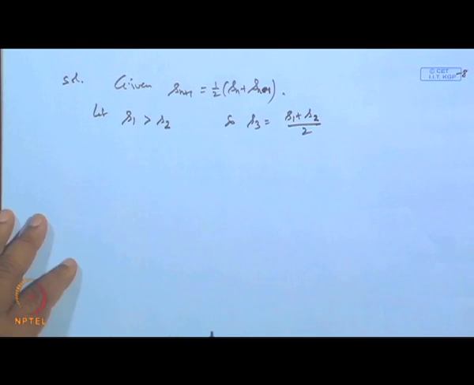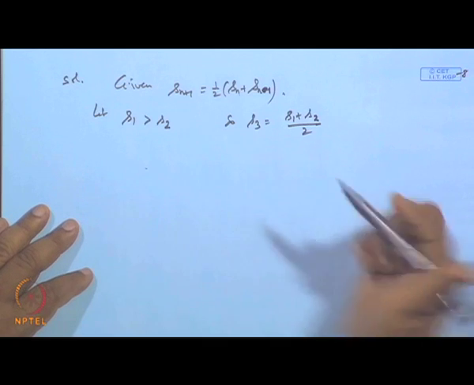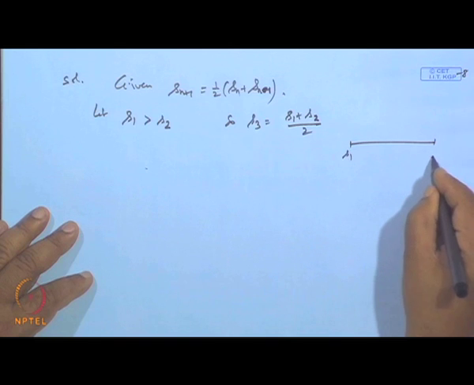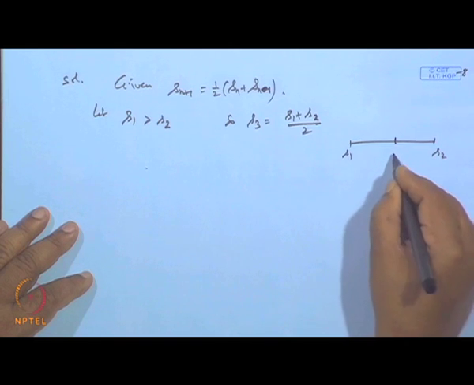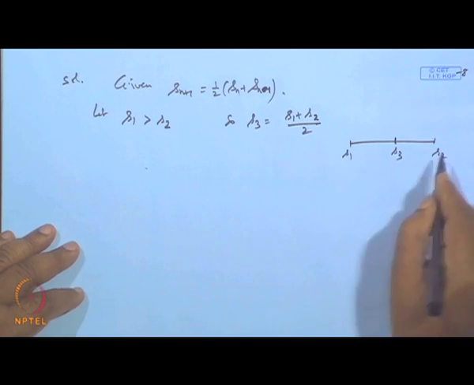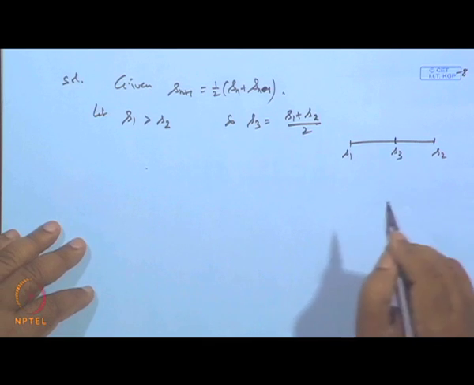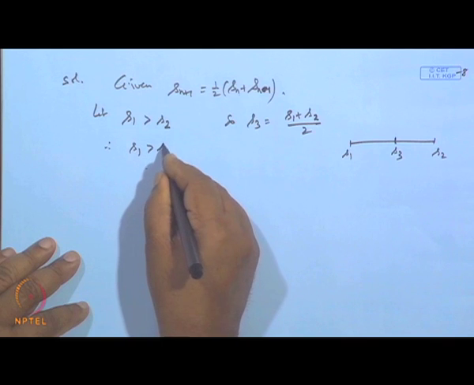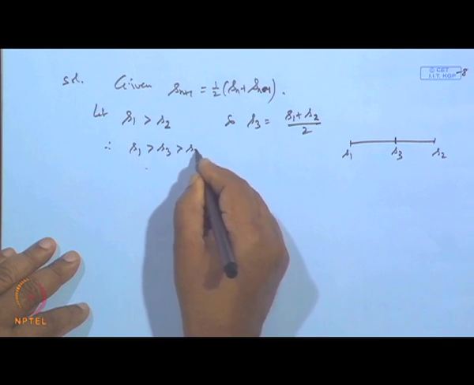This will be S3. It means between S1 and S2, here is S1, this is S2, here we are getting S3, which is the average, the mean, of S1 and S2. So, we get S1 greater than S3 greater than S2.